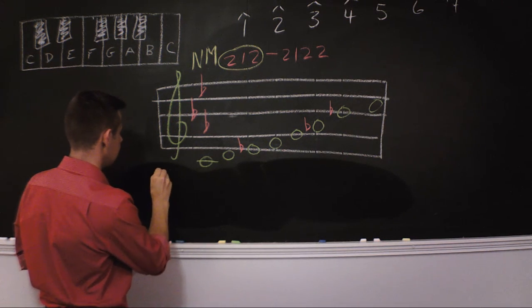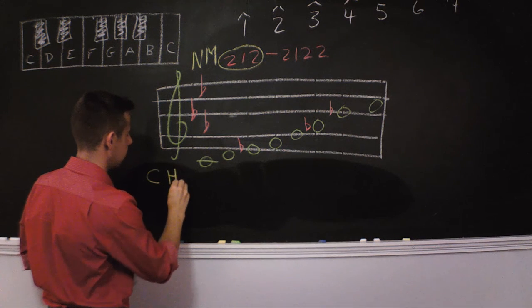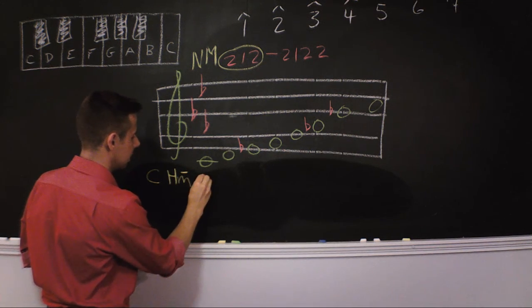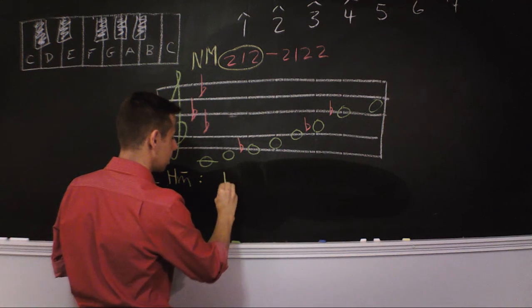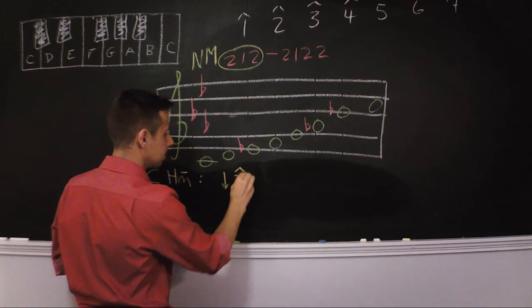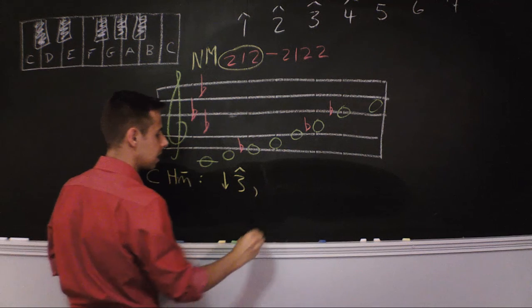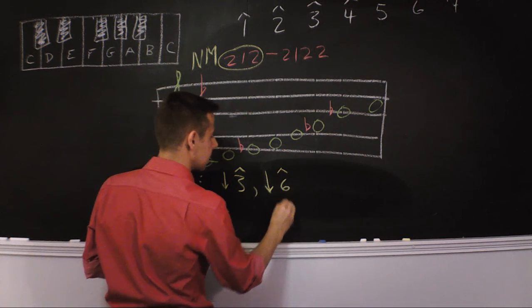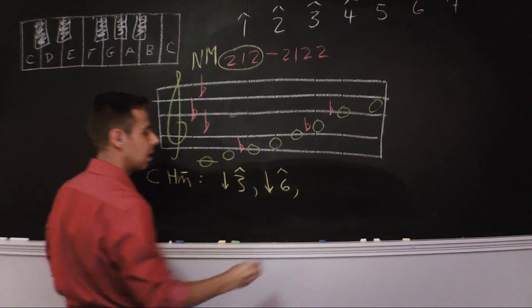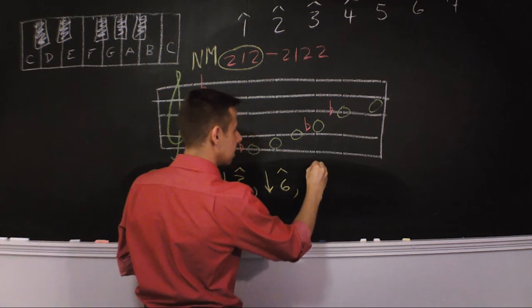So we'll call this C harmonic minor. Alright? And we still have 1, we still have 2, we still have lowered scale degree 3, we still have lowered scale degree 6, but we have standard scale degree 7.